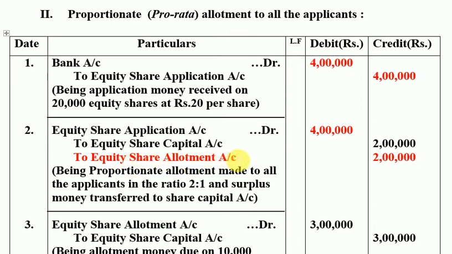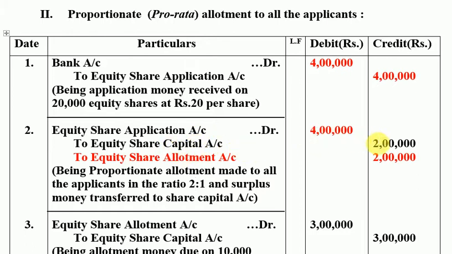Suppose you have applied for 100 shares, then you have sent 100 multiplied by 20 rupees, that is 2000 rupees to the company, and that is a part of this first entry, bank account to share application account. Now since the company has allotted you shares in the ratio 2:1, that means you were given 50 shares only because you applied for 100 shares. So on 50 shares, 50 multiplied by 20, 1000 rupees will be transferred to share capital.